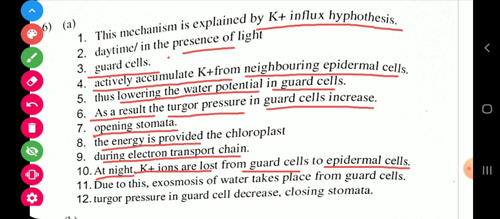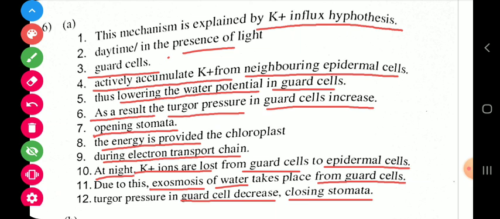Due to this, exosmosis of water takes place, releasing water out of the guard cells. Now the turgor pressure in the guard cells decreases as a result, closing the stomata. How simple, no? The mechanism is explained by the K plus influx hypothesis.